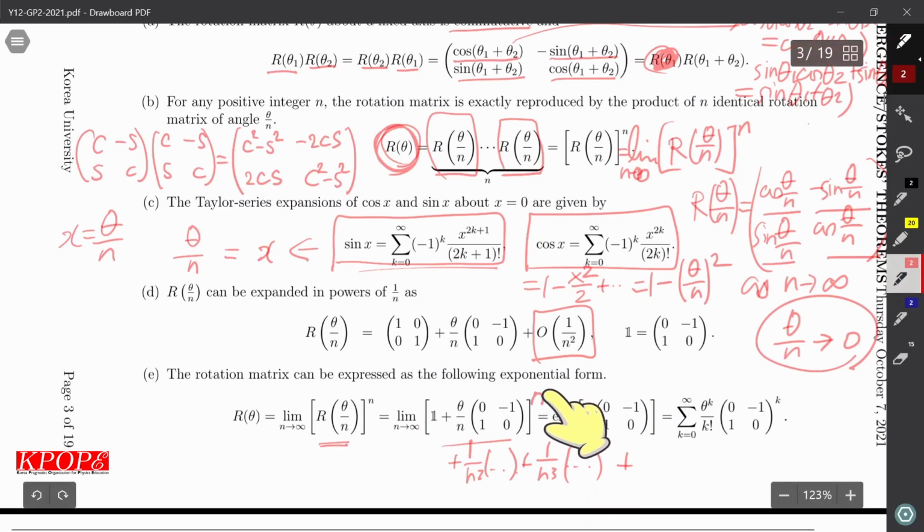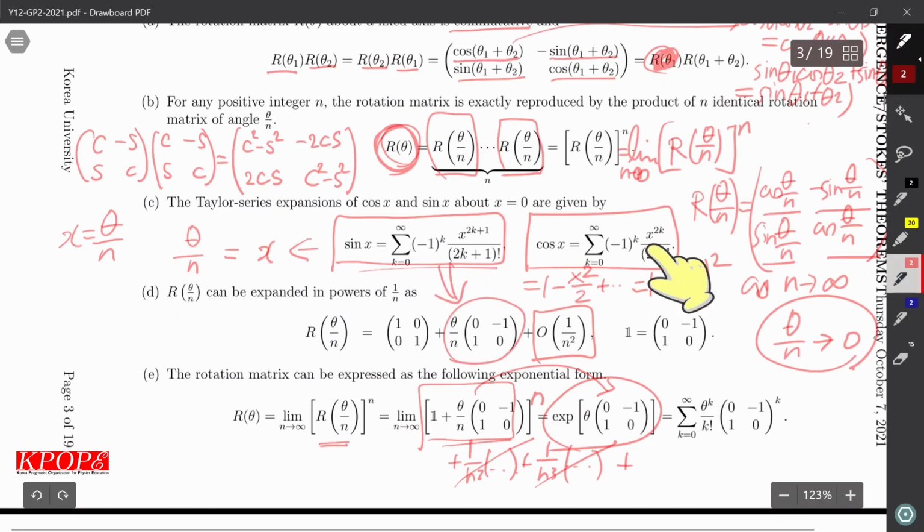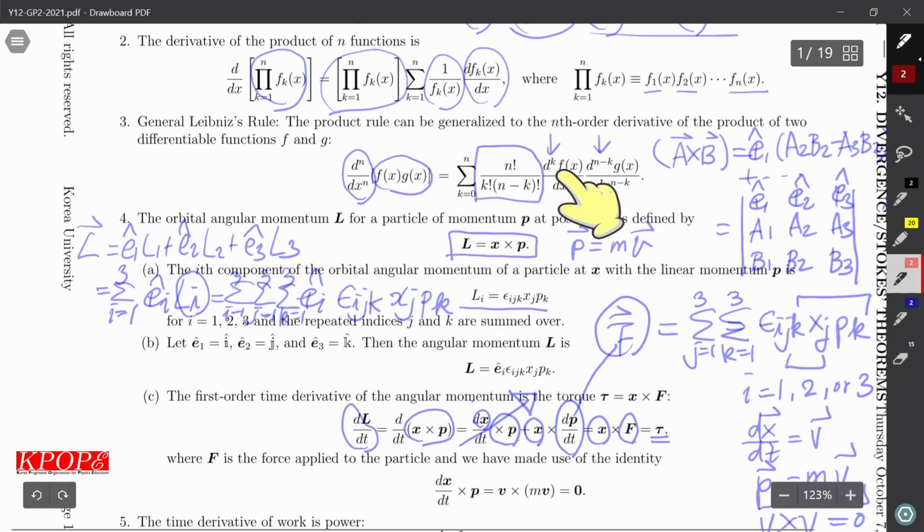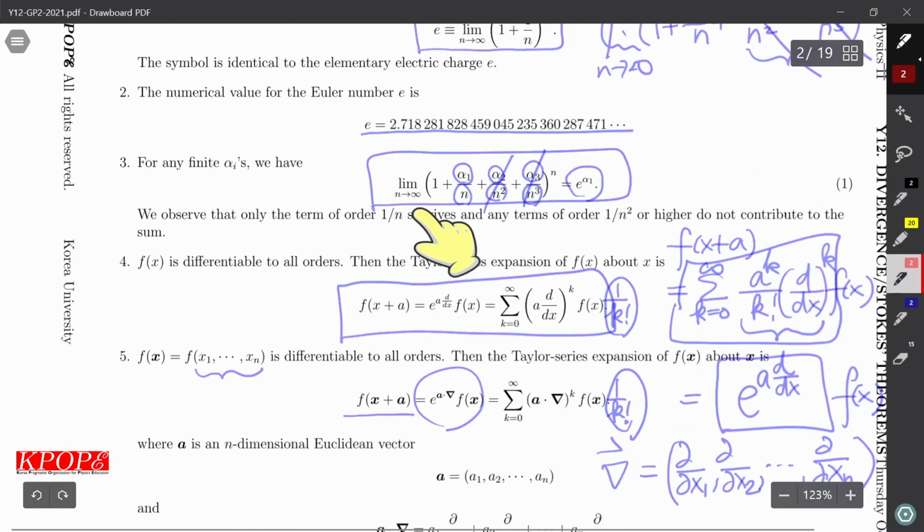We need to have a power n. This one vanishes and only this one contributes. And this is actually the exponential. This expansion is included in here, and that can be consistently neglected because of our previous discussion.